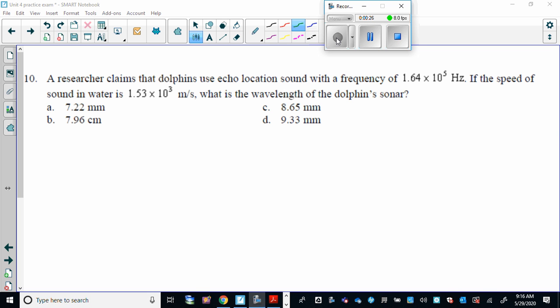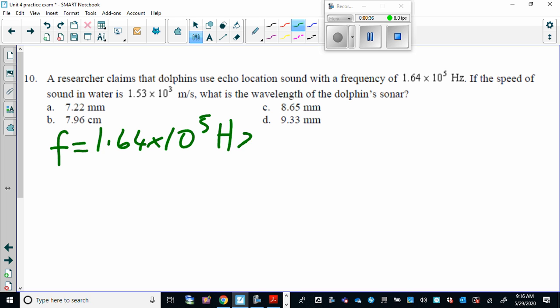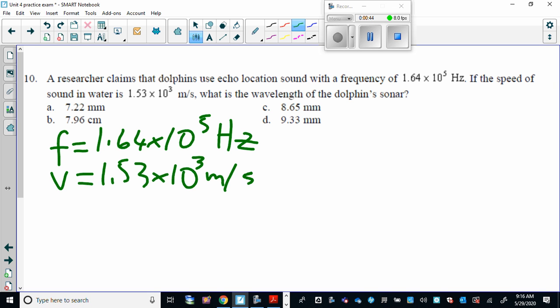So pretty straightforward question. If you just write down the variables, you'll figure it out pretty quickly. We've been given a frequency. We've been given a velocity. And we're trying to find the wavelength.